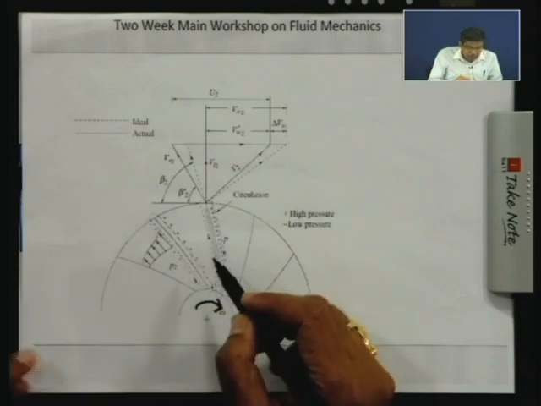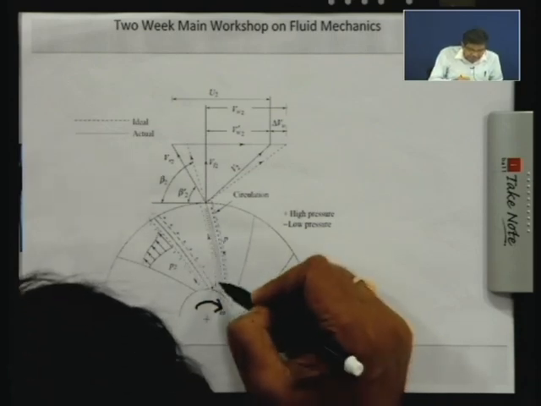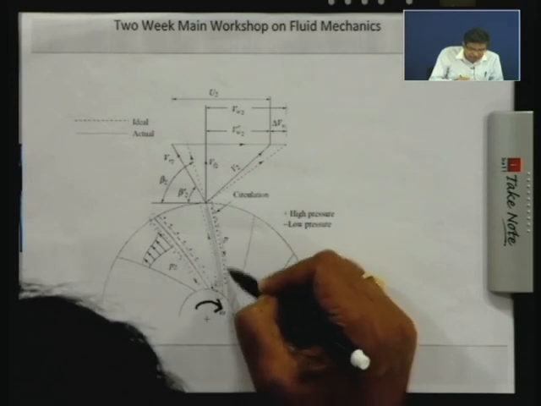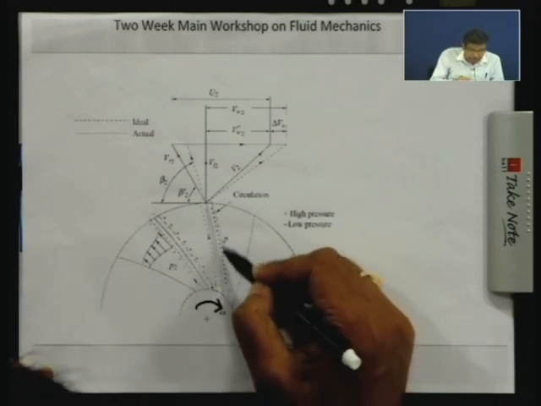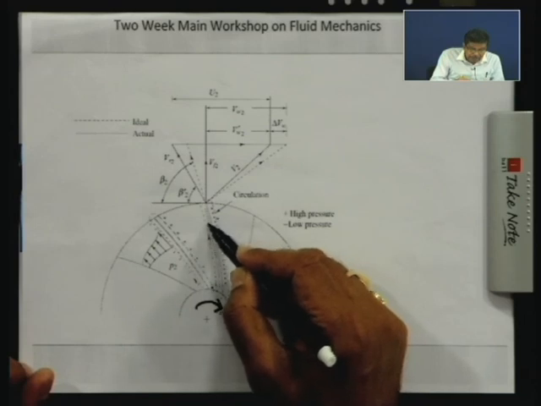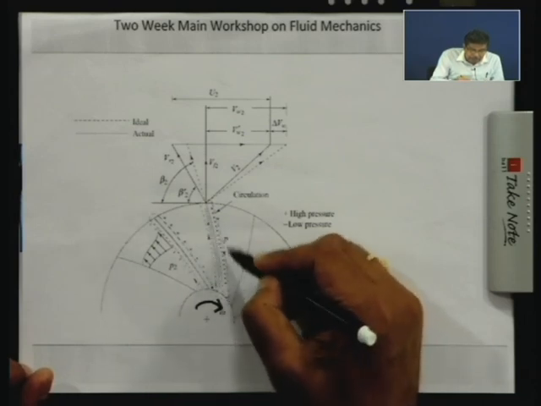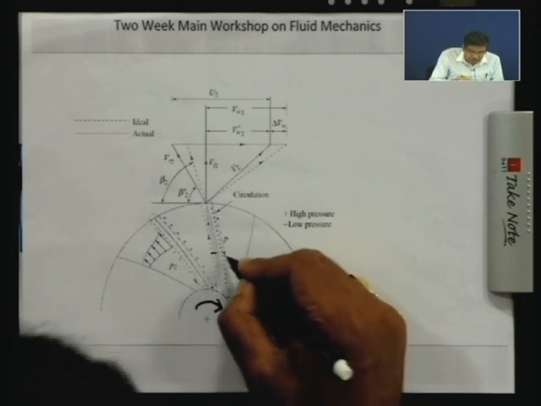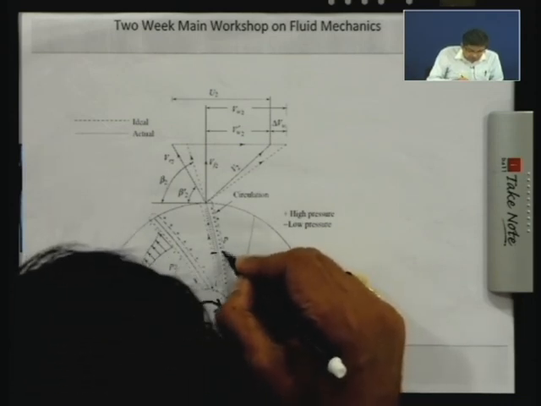Okay. So, there is an acceleration of the fluid, that means the fluid velocity increases on this side and decreases on that side. This type of difference in pressure creates a circulation. You see, this circulation is shown like this in this figure.